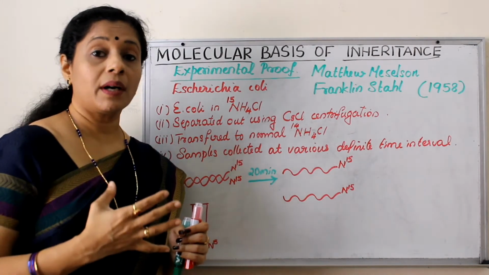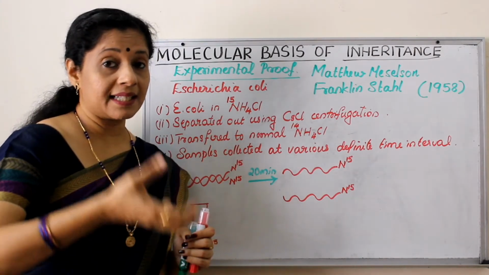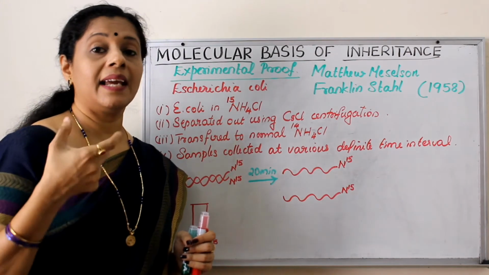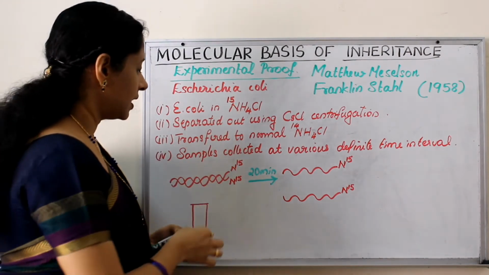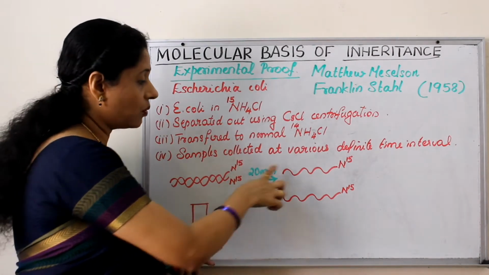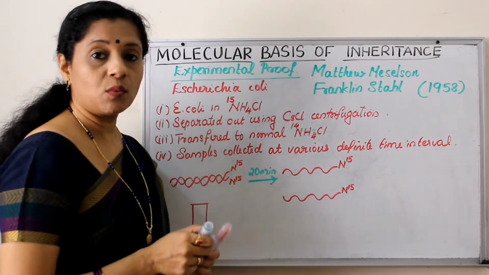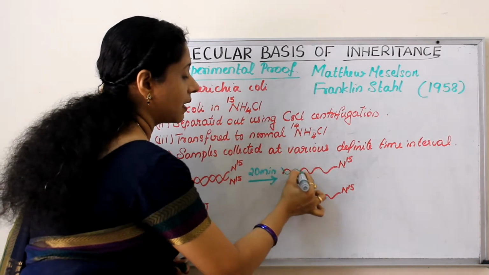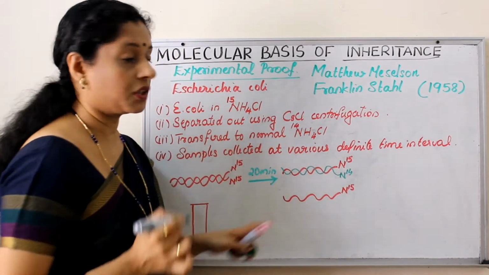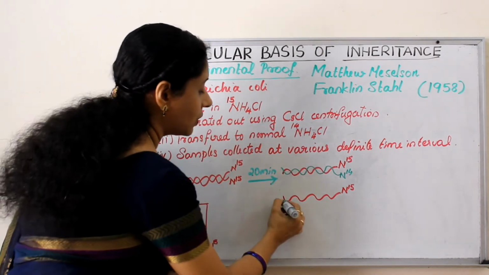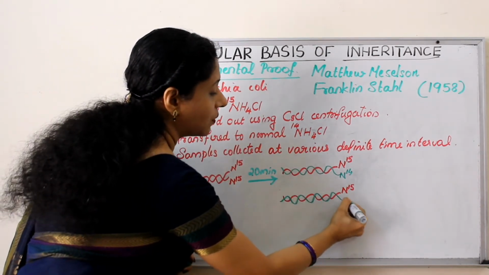So when they collected after 20 minutes, they again centrifuged it to separate out. This time we know during DNA replication both the strands separate out, and a new strand is forming. The new strand is normal N14, which I am drawing using a green color. So here also the new strand is N14.